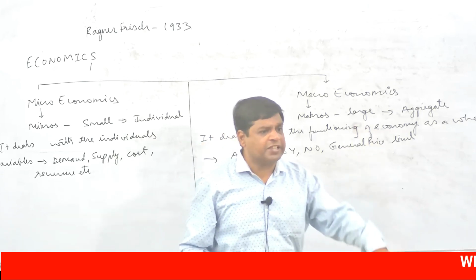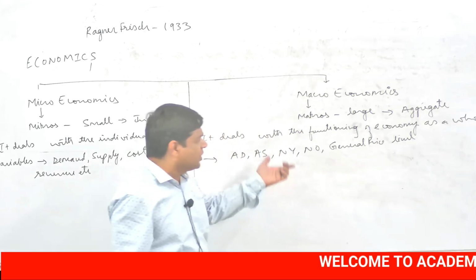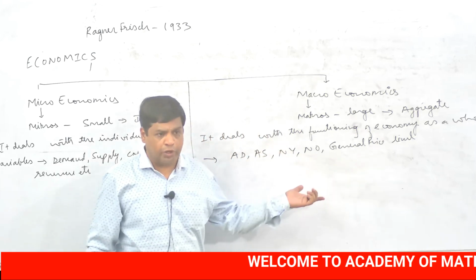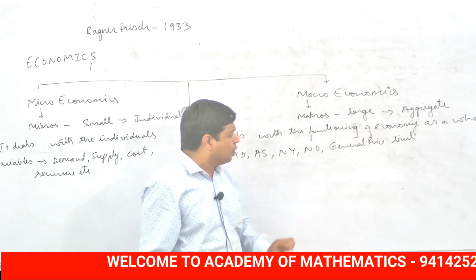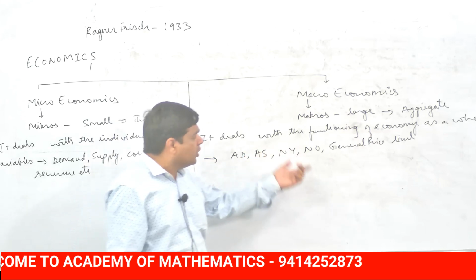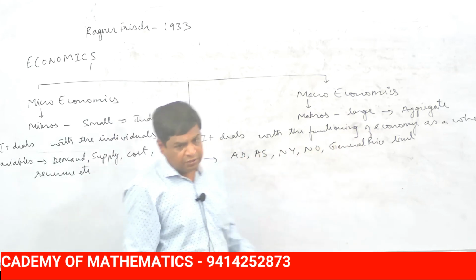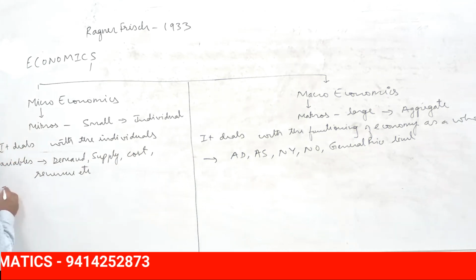And if the general price level is decreasing, it is deflation. So general price level is an area of concern of macroeconomics. So these are the main variables of macroeconomics: aggregate demand, aggregate supply, national income, national output, general price level.